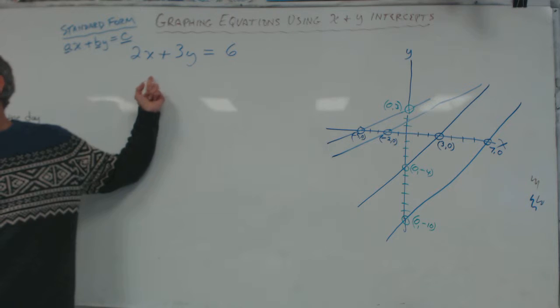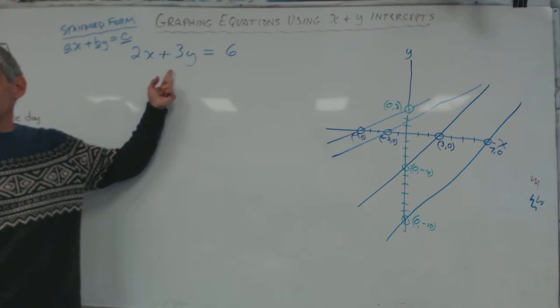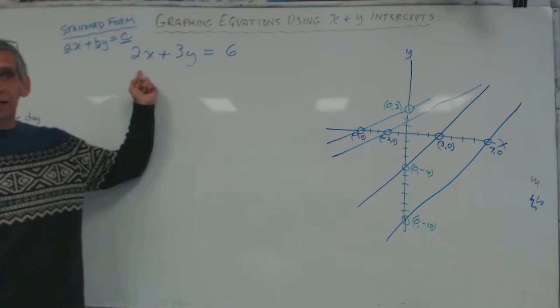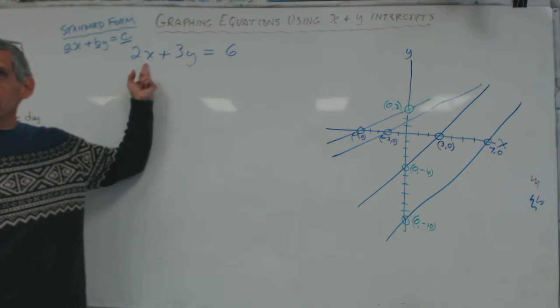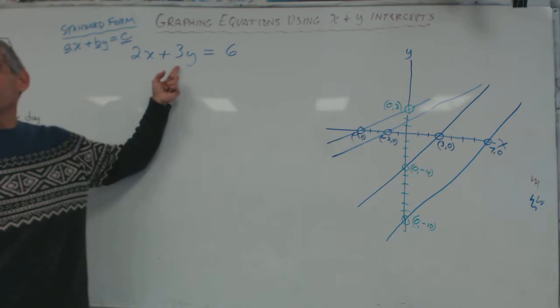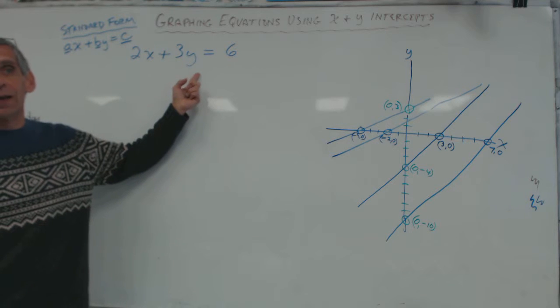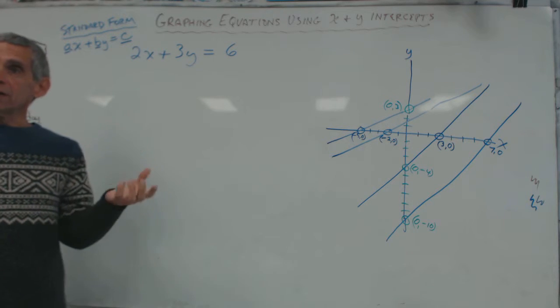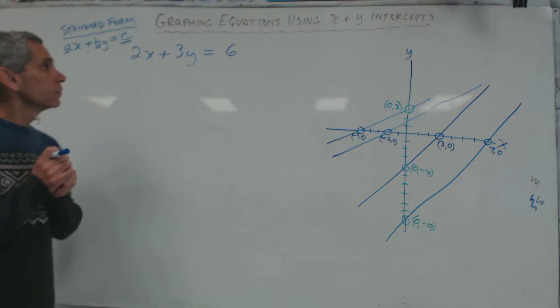You can only add the coefficients if they are like terms. They would have to both be x's. If it was 2x plus 3x, then it would be 5x. But it's 2x plus 3y. We don't know if x and y are the same thing, so you can't add them.